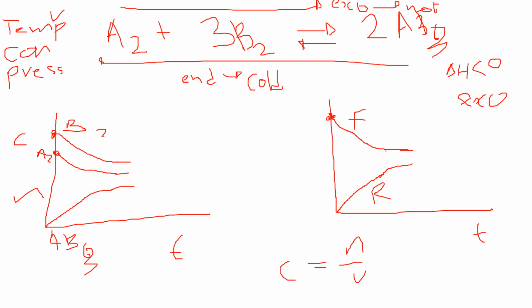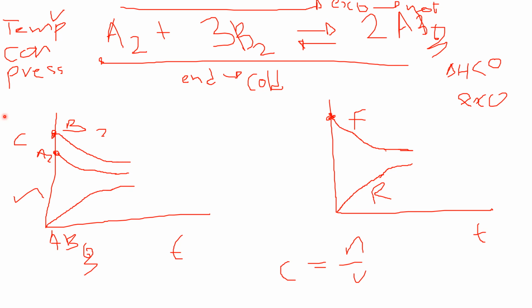Okay. So now let's look at what is happening. Let's say, for example, we want to increase the temperature of the reaction. If we increase the temperature, the system will act in a way that decreases the temperature of the system.